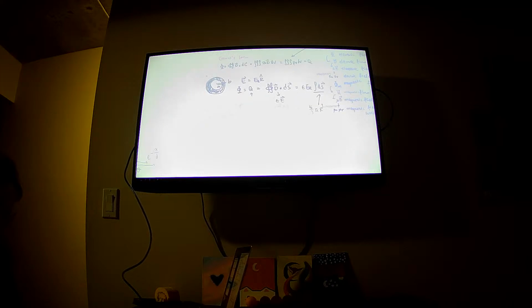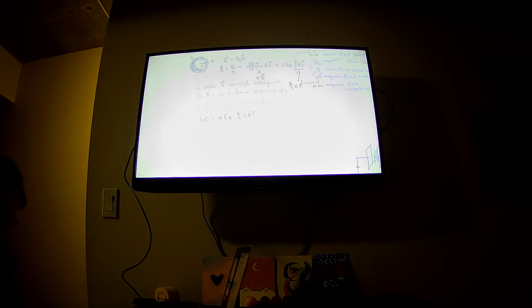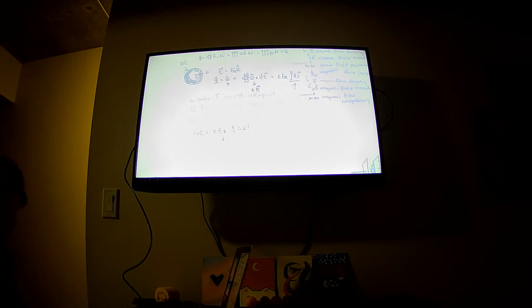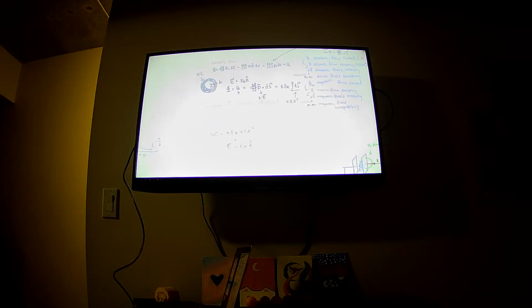Assuming you know the total charge inside, let's say 10 coulombs, that's way too much, but we're going to say that our 10 coulombs is equal to some quantity of E_r times the surface area, 4 pi r squared. Then you put this back into your original equation, and therefore you have your electric field. This is how you use Gauss's law.